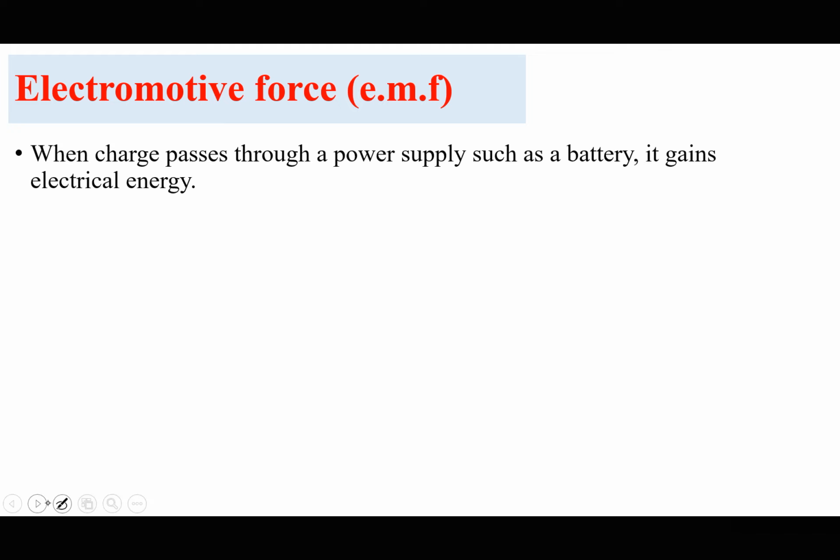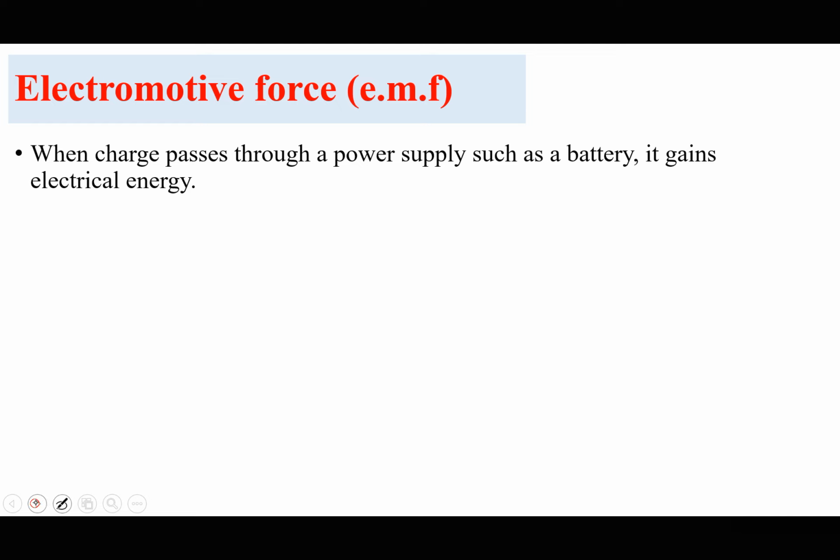So when charge passes through a power supply, such as a battery, it gains electrical energy from the battery. If the battery is made out of chemicals, the charge is getting its electrical energy from the chemical energy stored in the battery. In other words, the chemical energy stored in the battery is being converted into electrical energy to give this energy to any charge which passes through the battery.